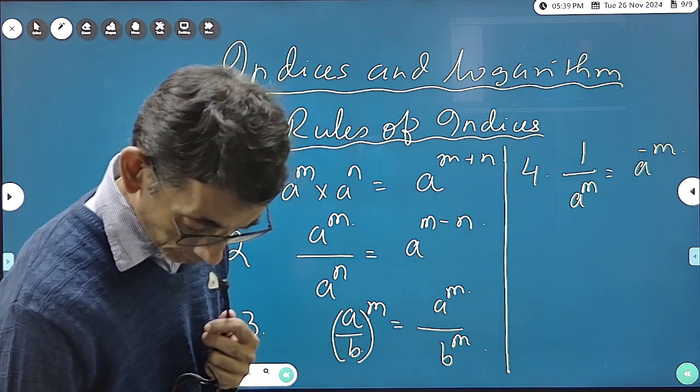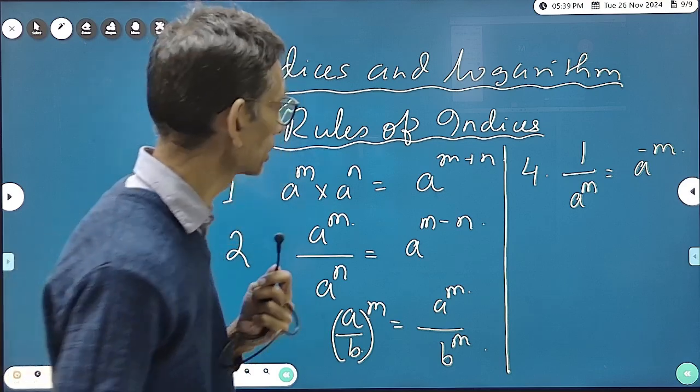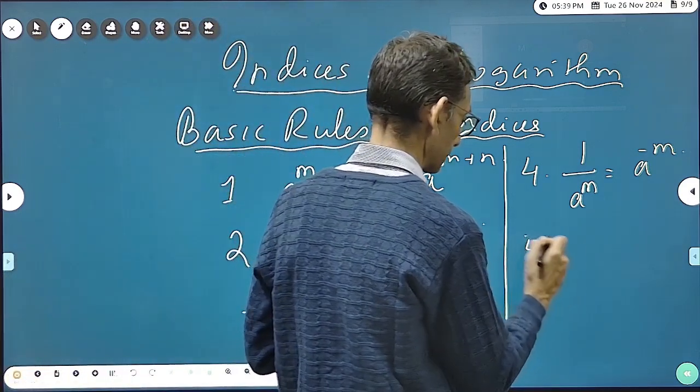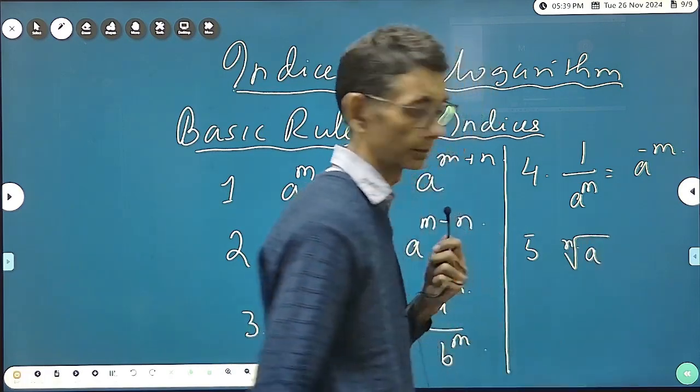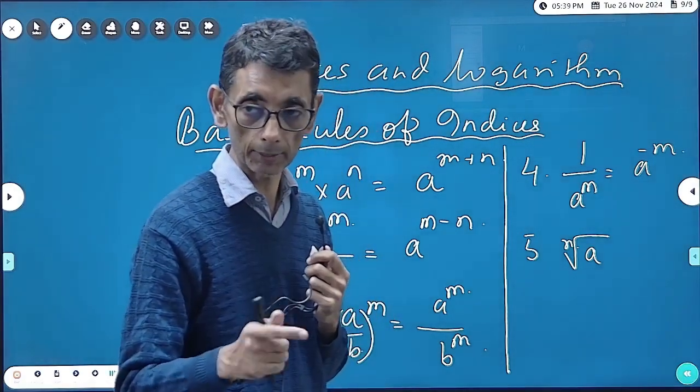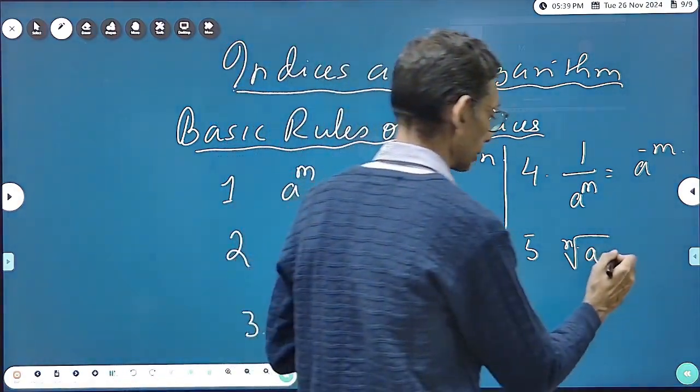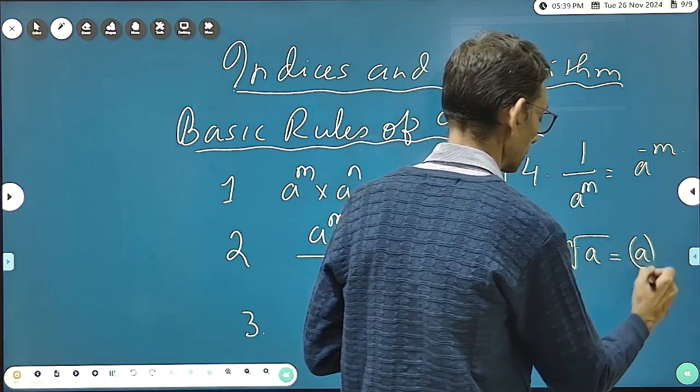Now, if there is an nth root, how do you write it? Write the nth root of a using the root symbol with n. The nth root of a is written as a to the power 1 by n.